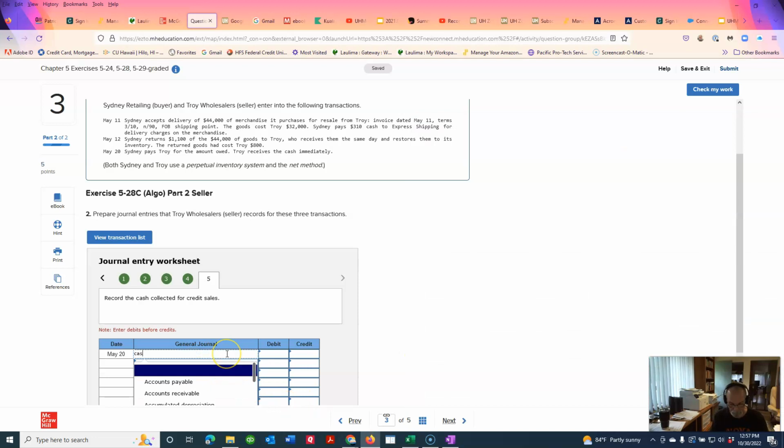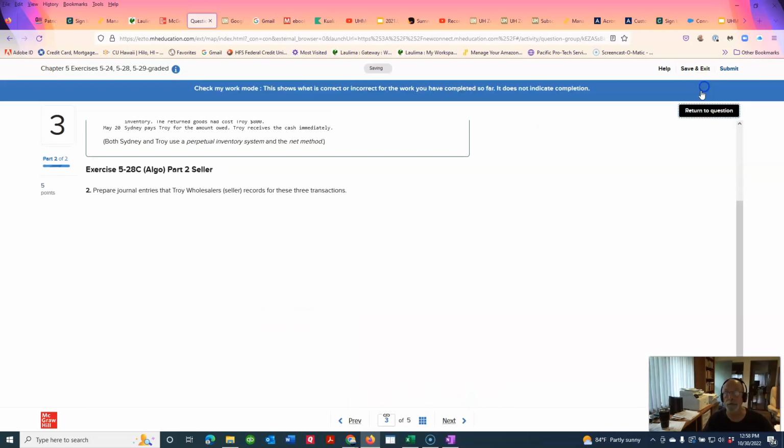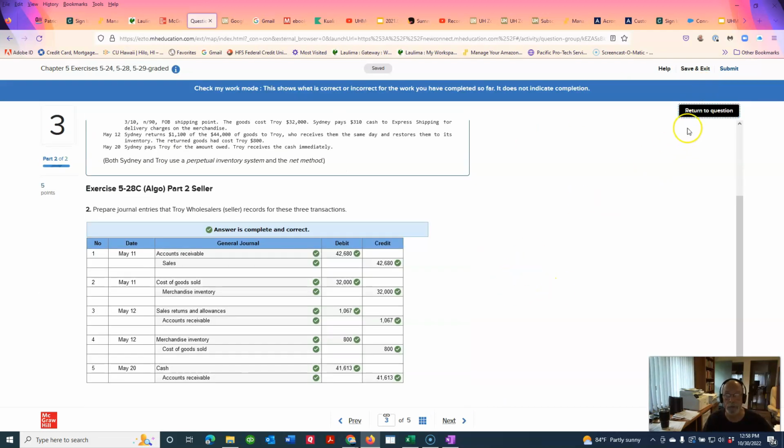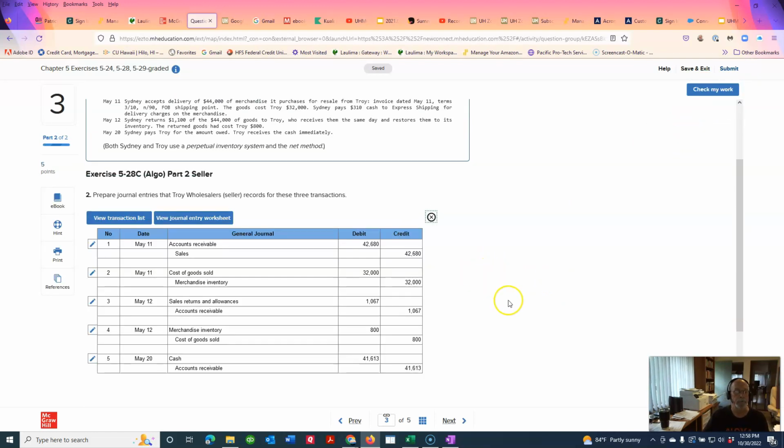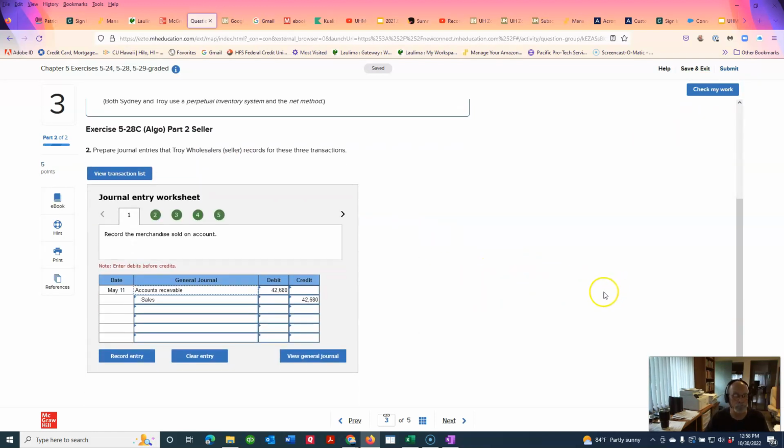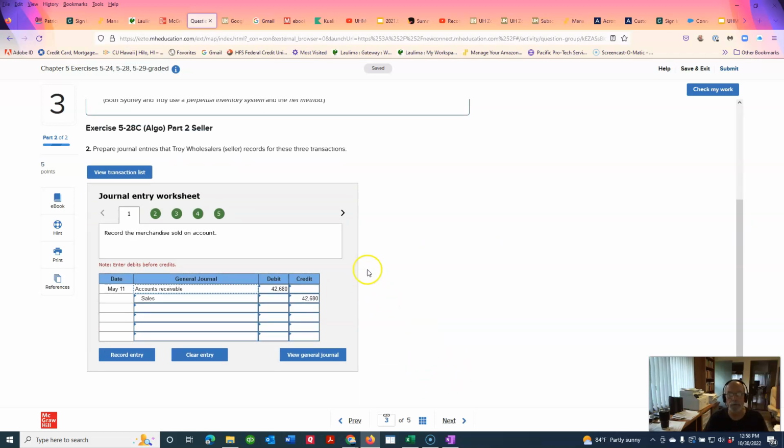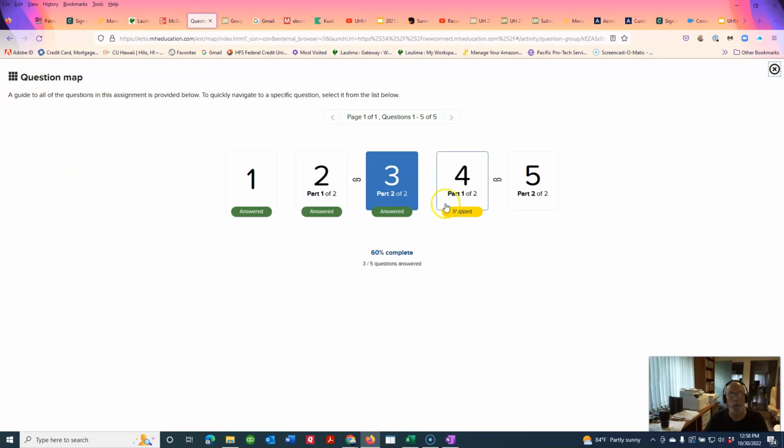And so we want to debit cash for 41,613, and our credit goes to accounts receivable also in the amount of 41,613. And again, we want to make sure that we're on the right track, and we are. And so we're done with part 2. I'm sorry, that was part 3.